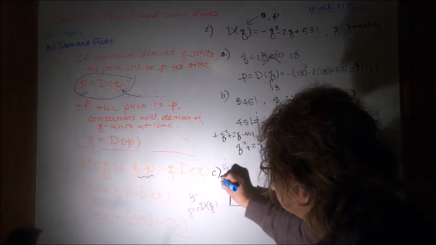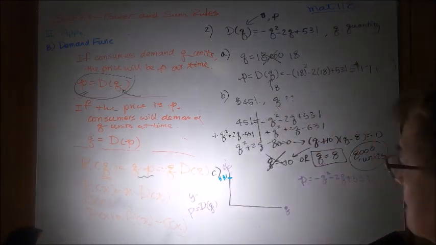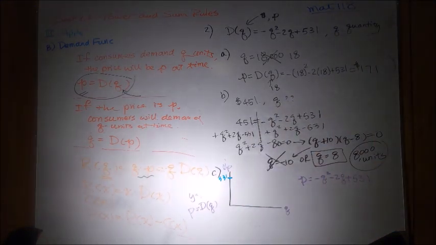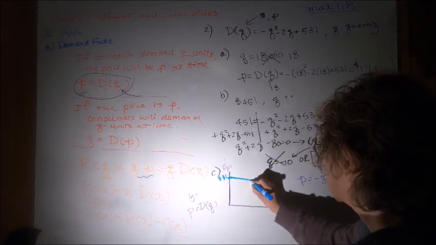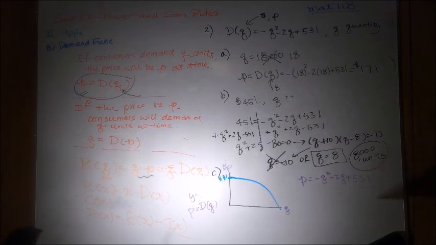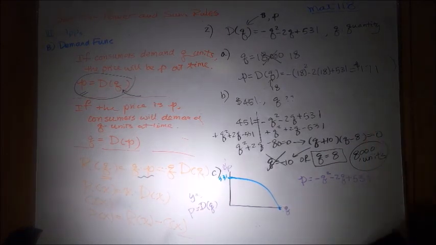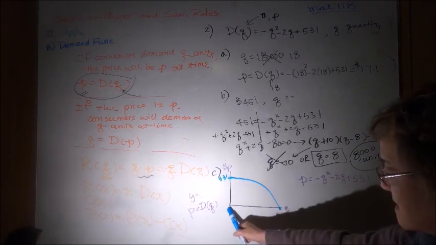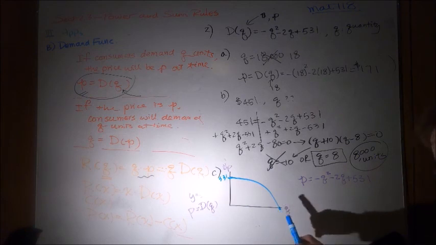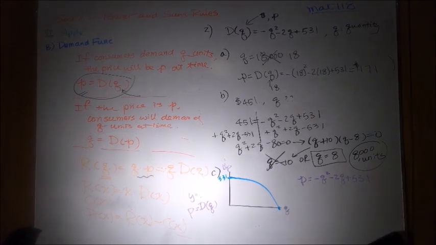This is 531. Then it opens down and it's a parabola, so the curve looks like this. Then how about the point here? It means price is 0, quantity is so much. But we will never do that.